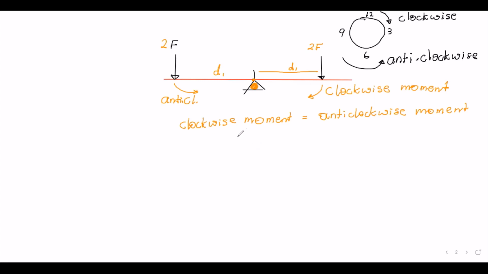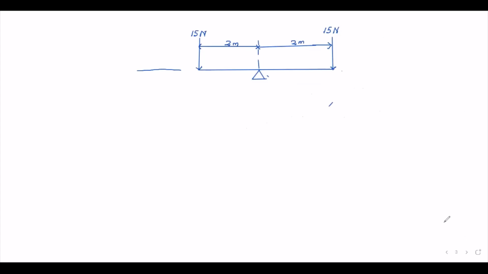Now, we use the law of equilibrium to calculate either a particular distance or a particular needed force, or the amount of the force, the quantity of the force applied there.